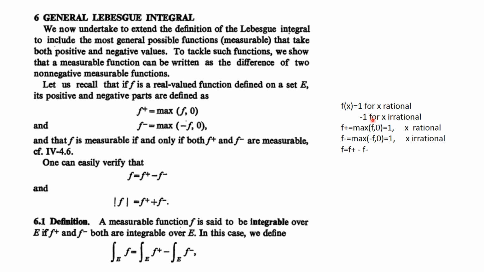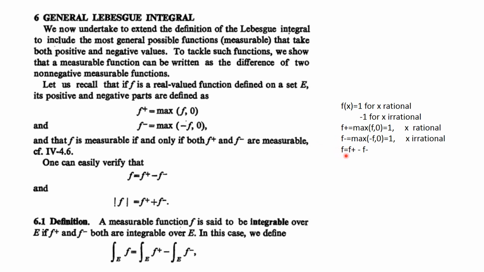When x is irrational, the value of the function is minus 1, so minus times minus 1 is 1, and the max of 1 comma 0 is 1. So the f negative part attains value 1 for irrational and 0 for rational, right?